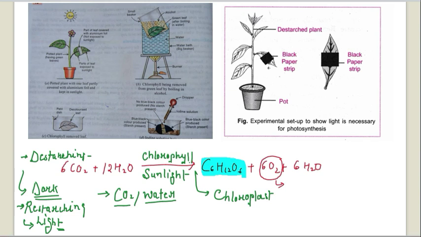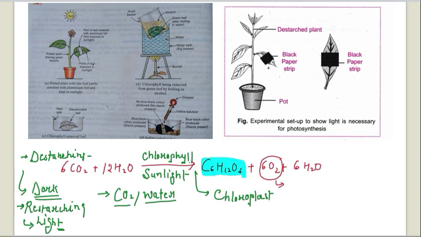I have uploaded two diagrams so that you can better understand. After this, we restarch the plant again by keeping it in light for 3 to 4 days, right?